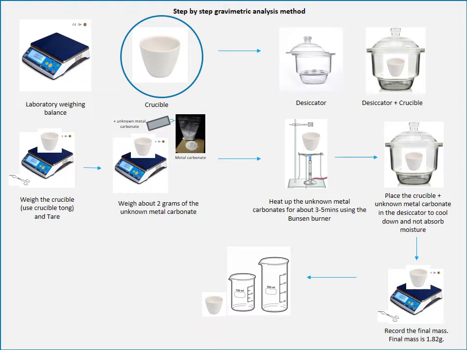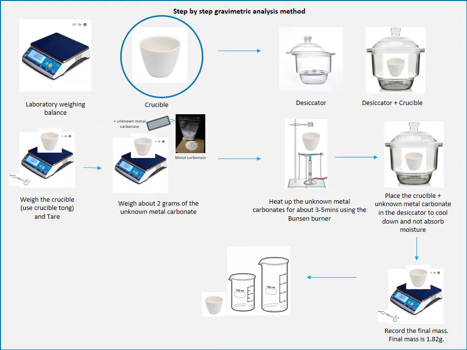So what is the purpose of our desiccator? It is to cool down the crucible and to prevent moisture absorption from the environment, so that if you weigh the crucible, it will be specific to its weight.